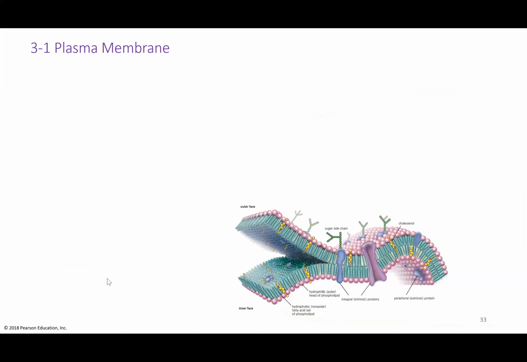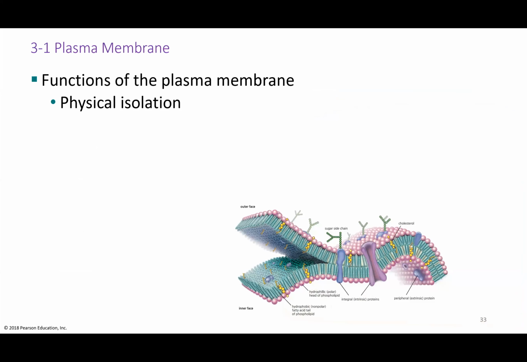Okay, so functions of the plasma membrane. Isolation, so it isolates the inside of the cell from the outside of the cell by forming a barrier. This phospholipid bilayer forms a very effective barrier that controls what is able to enter and exit the cell.